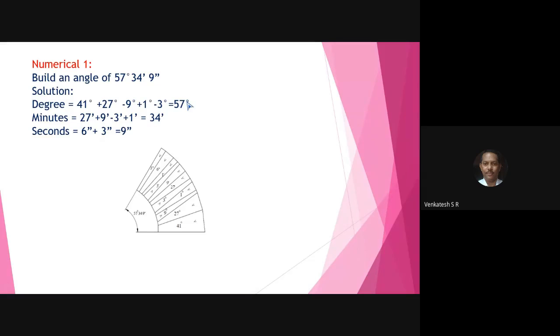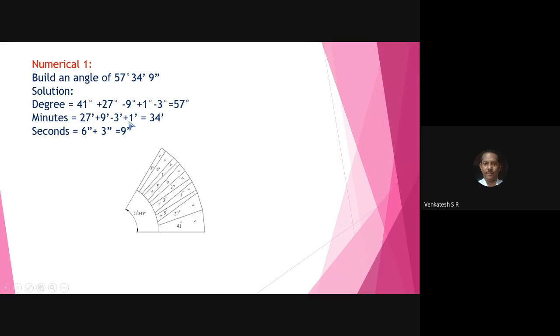Then set the minutes. First select your 27 minutes and add 9 minutes and put the 3 minutes in the reverse direction, which deducts the value from these two values.